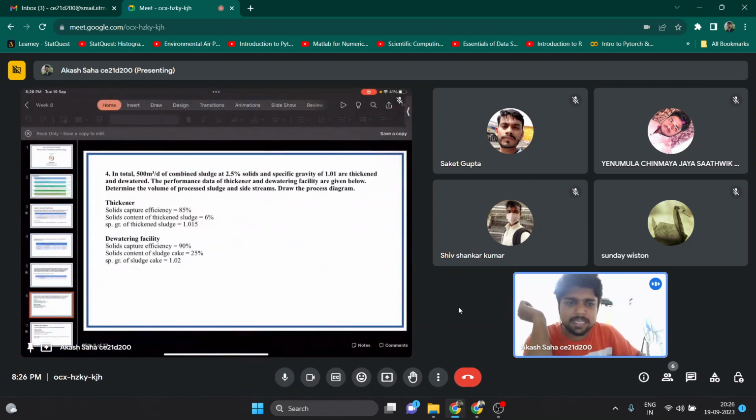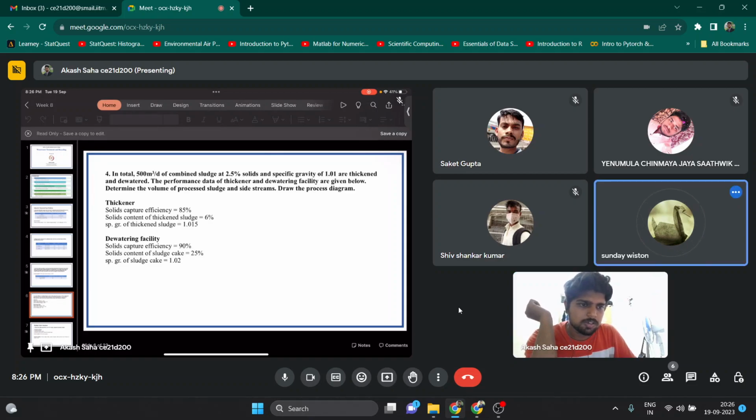In the thickener there is 6% of solids, so I would write 6 by 100, but since I am finding the volume, the volume part will remain in the LHS, the other part will shift to the right hand side, so it will become 100 by 6. So I am writing in terms of percentage.